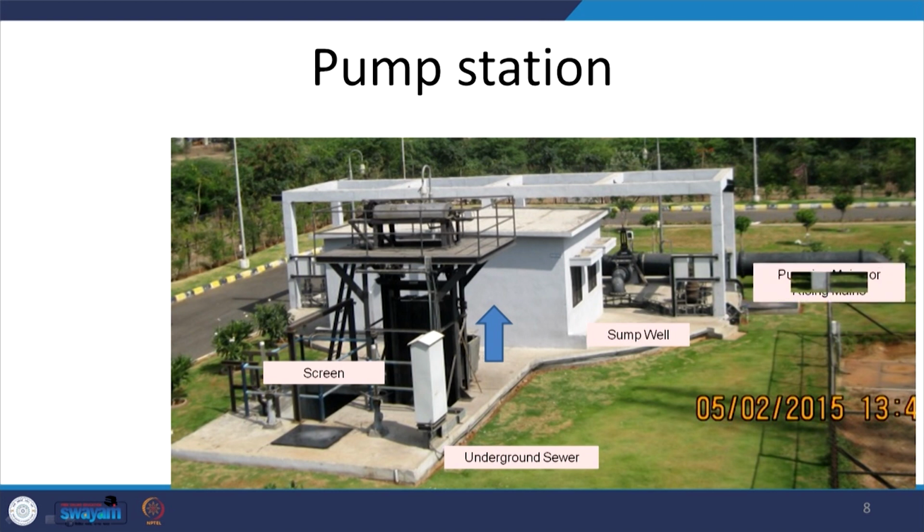And then you probably have submersible pumps pumping the water up from the sump well into the pumping mains or rising mains, right. So, that is what we have, a pumping station. But again, here we are not really talking about some of the aspects, so let us move on.